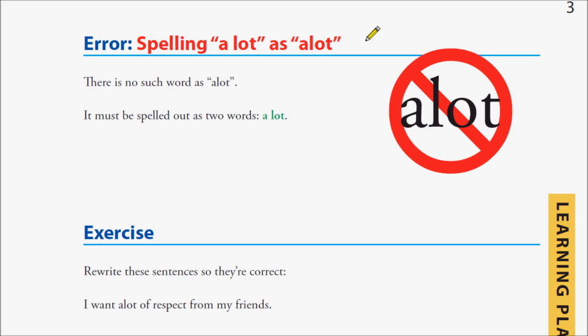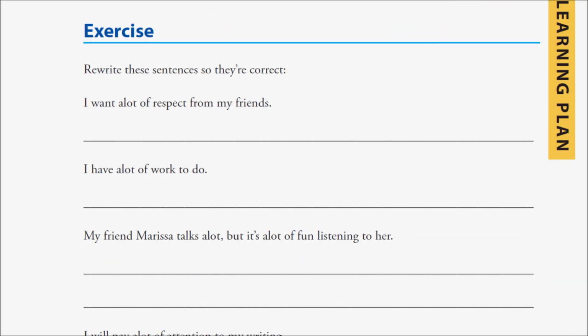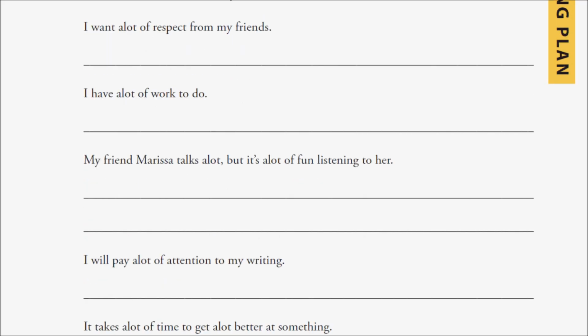And you should do the same thing with this. It's 2 separate words, a lot. You see this so much that people are just writing it as one, and everybody with an education, when they see this, just kind of goes, oh my God. So the exercise is to rewrite these incorrect sentences so they are correct.